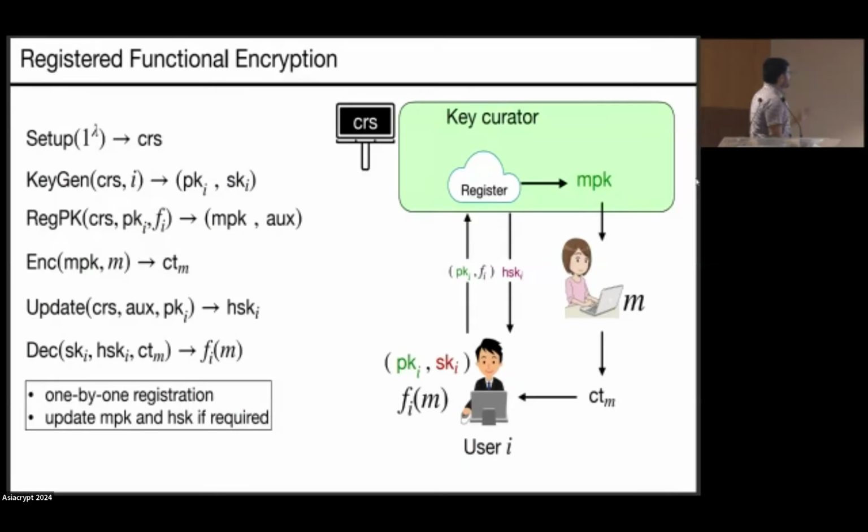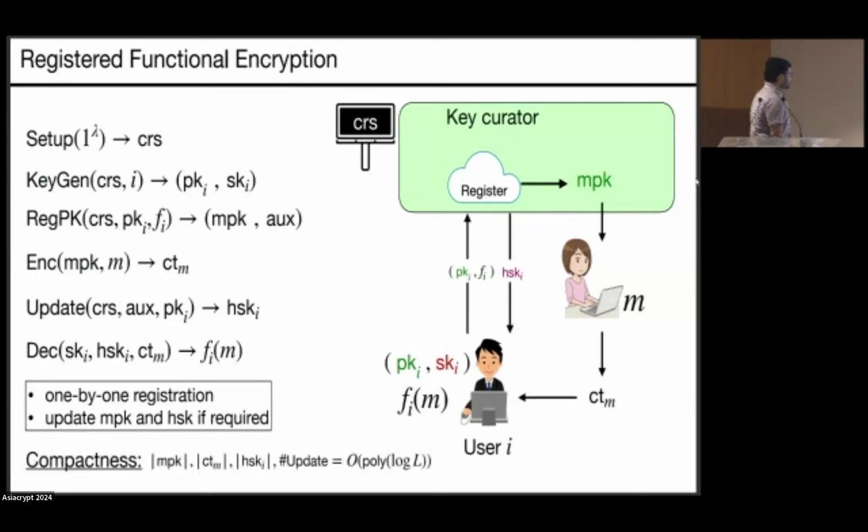In summary, registered FE supports one-by-one registration, and sometimes we need to update the master public key as well as the helper decryption key. But the total number of updates and the size of MPK, ciphertext, and HSK_i vary with the order of polylog L, where L is the total number of users registered into the system at that point in time.